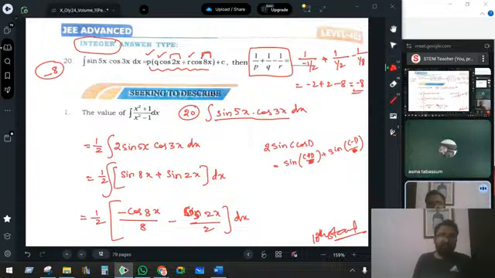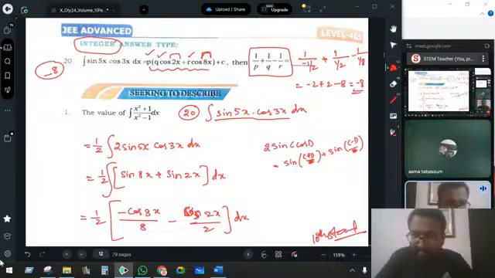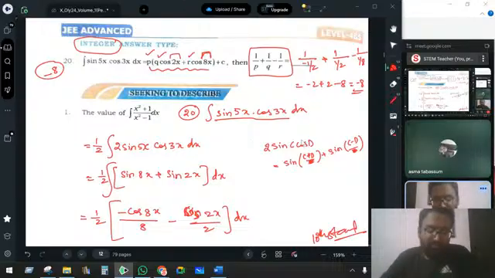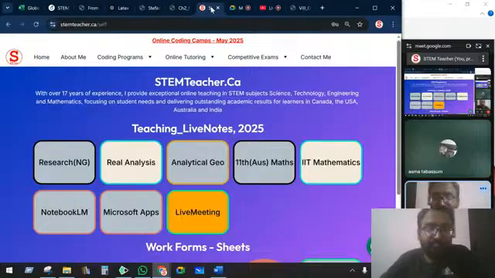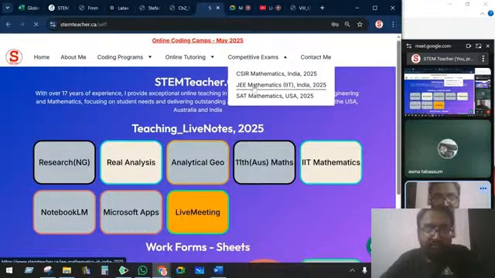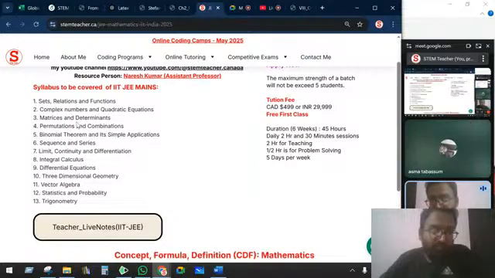Okay, so this is the way. But in the IIT exam, if you solve a problem like this, you will not complete the paper. Totally how many questions will come? I want to revise the syllabus once. This is our IIT mathematics website: sets, relations, complex numbers, quadratic equations, matrices, and so on.